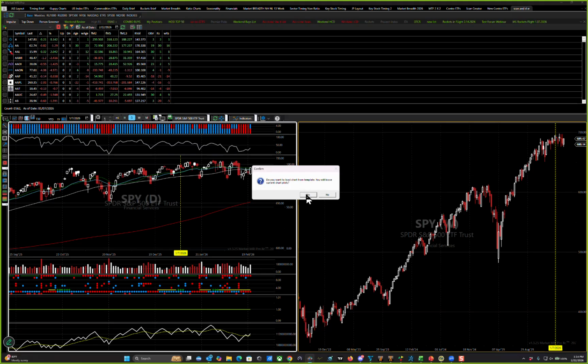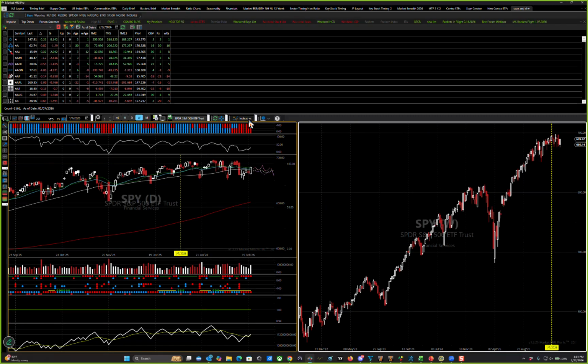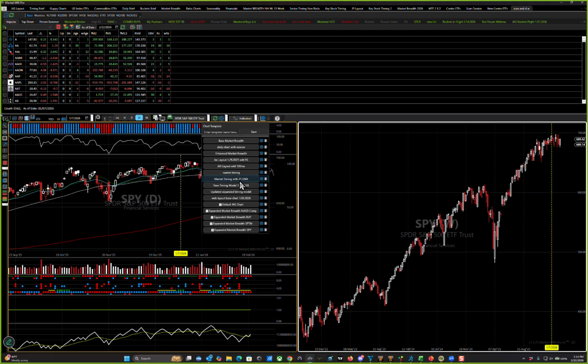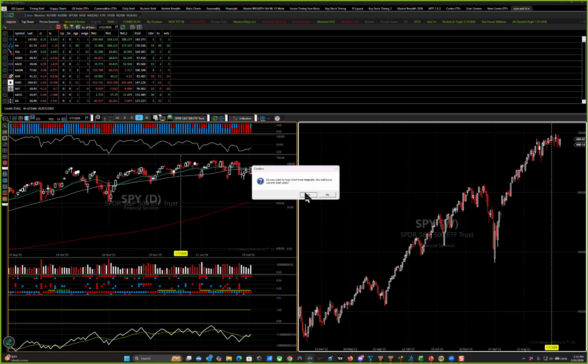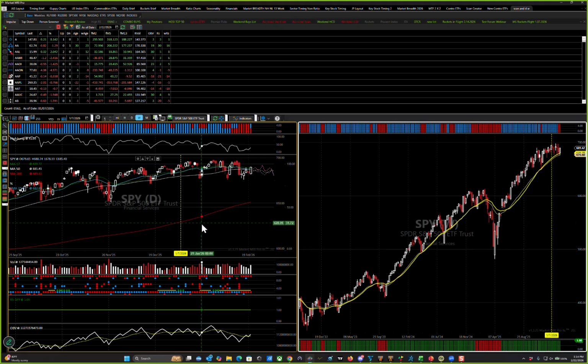I'm just playing now, guys. I highlighted the wrong ones. Let me highlight this one. Maybe I want to look at the timing model on the long term, and on the daily chart, I'm looking at what the stock is doing. So I'm running out of things to say.